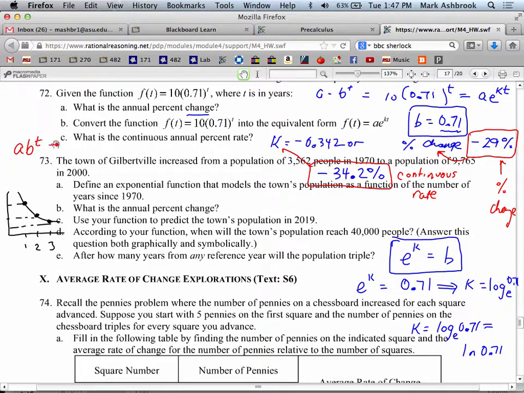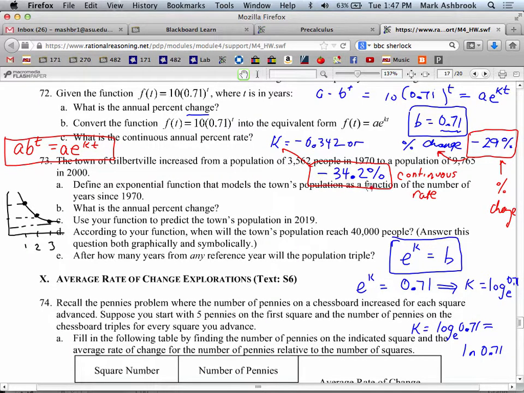So Jaden was saying those are equal, right? Yeah, it's just two different perspectives on the exact same decay: a true percent decrease of 29% every unit, or a continuous rate of 34.2%.